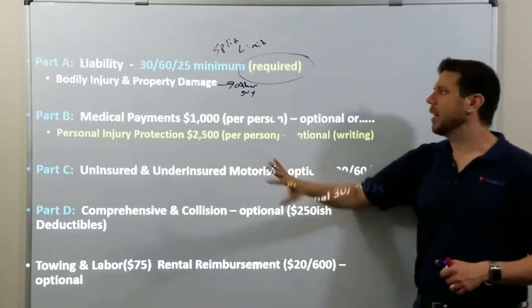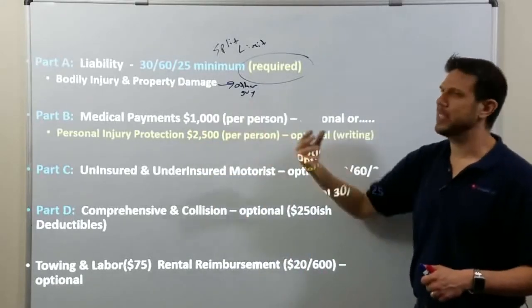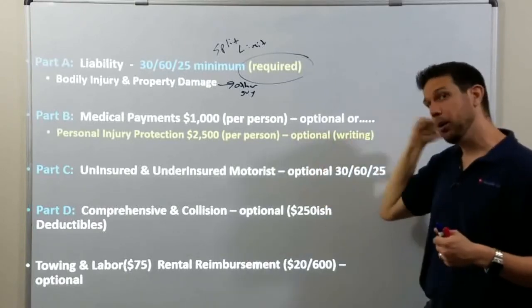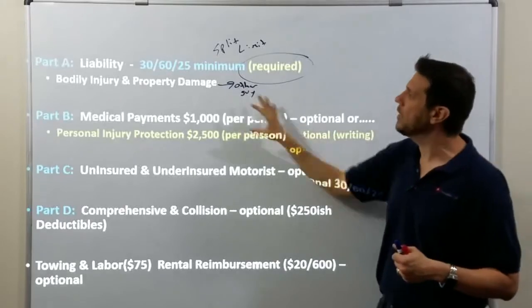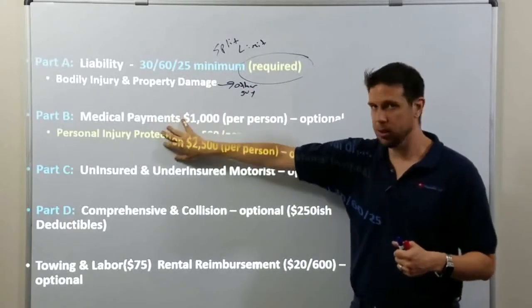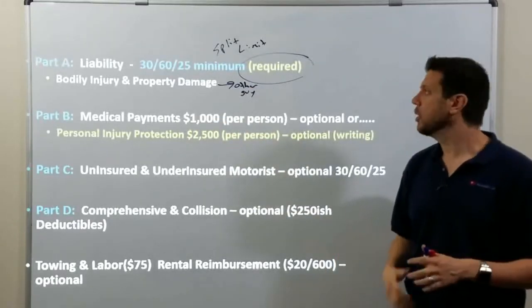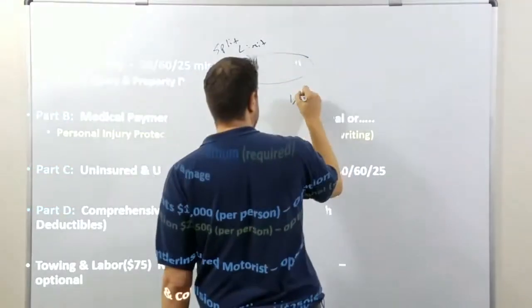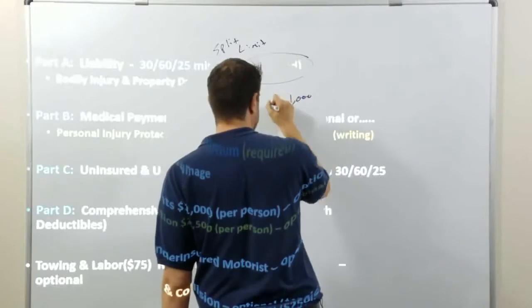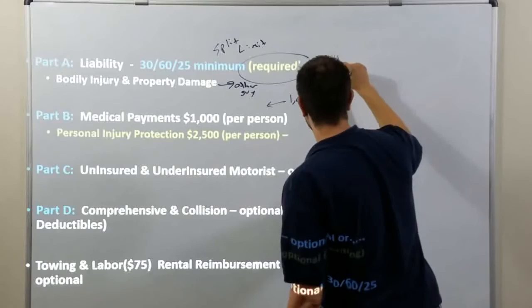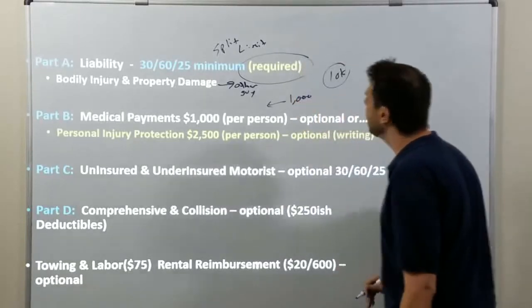Because the downside is, auto insurance is primary if you get in an accident, meaning that their health insurance will wait until they exhaust their auto insurance first, then health insurance steps in. So like, let's say you had $1,000 medical payments and you hit that tree. Your damage is $10,000 to you. You hurt your neck or something.